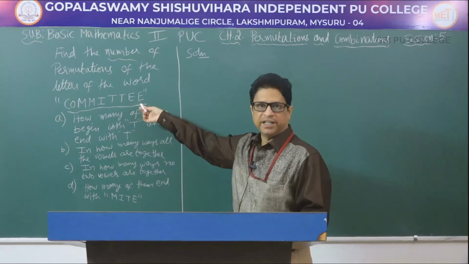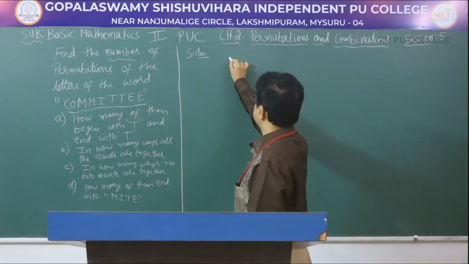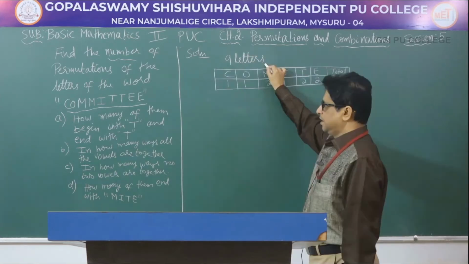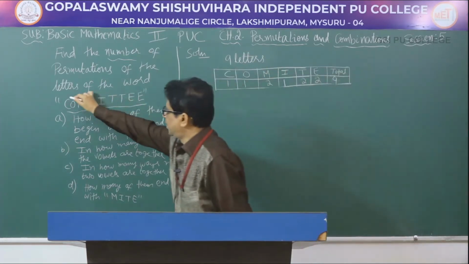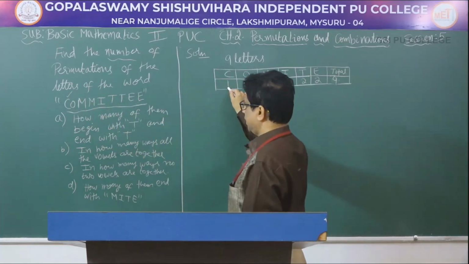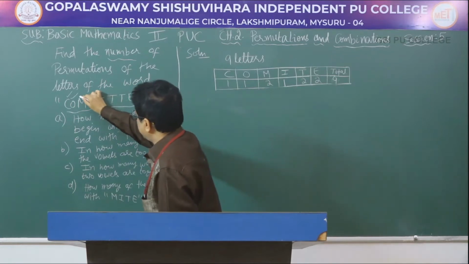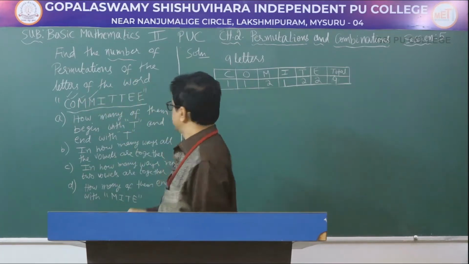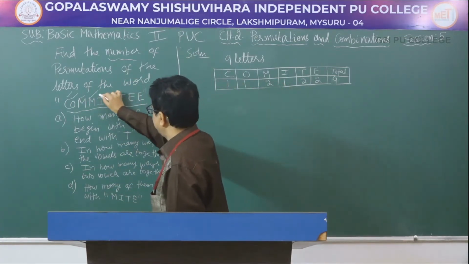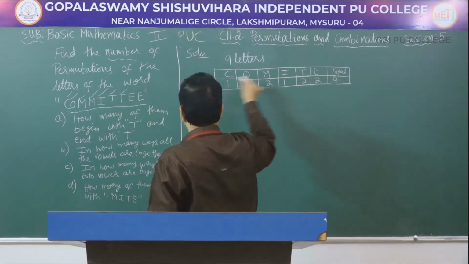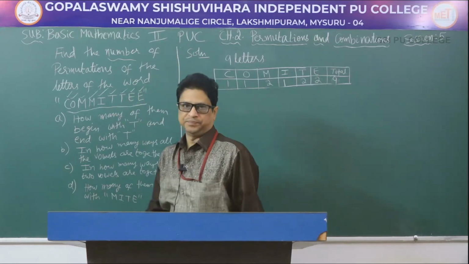The word committee has 9 letters, in which there is one C and one O, and there are 2 M's, 1 I, 2 T's and 2 E's.